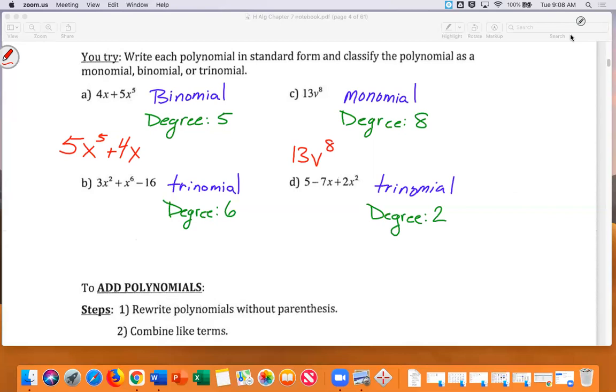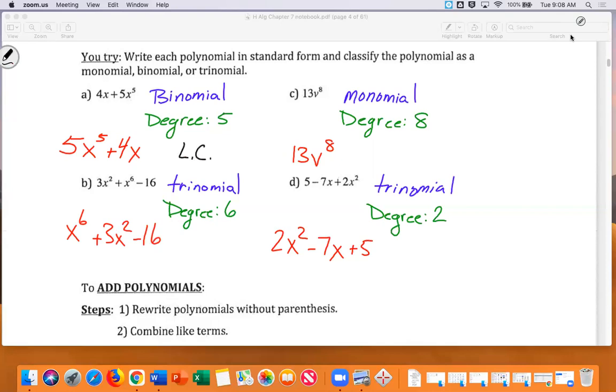D, my degree is 2, so I write 2x squared. Then I go to the next largest power of x. So it's going to be 2x squared minus 7x plus 5. All right, B, x to the 6th plus 3x squared minus 16. You okay with that, Ryan?